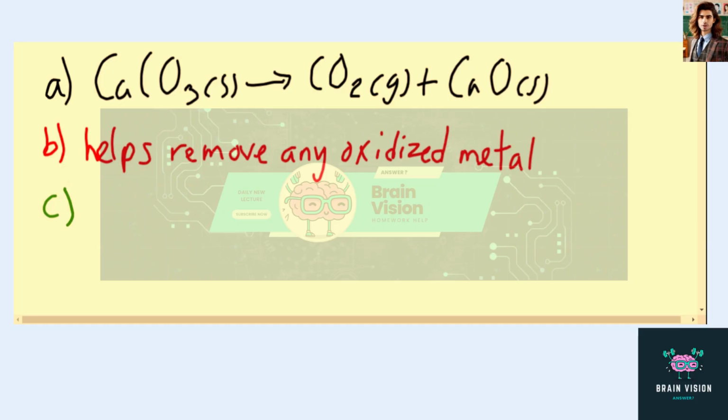Then for C, it talks about the chemical equation for the action of lime flux.